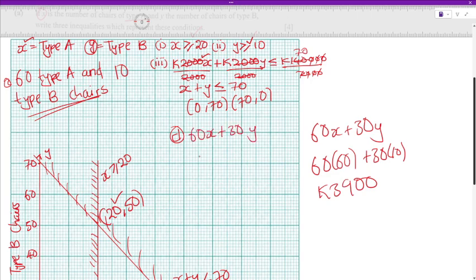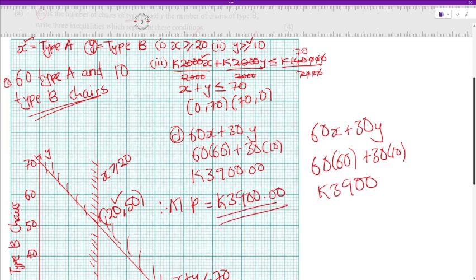So the coordinates we're using are 60, 10. So we're going to say 60 times 60 plus 30 times 10. And that gave us 3,900. So we can therefore say, maximum profit MP is equal to 3,900.